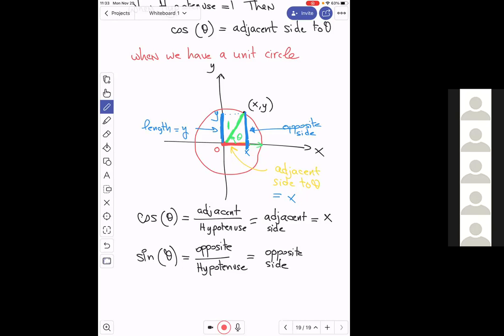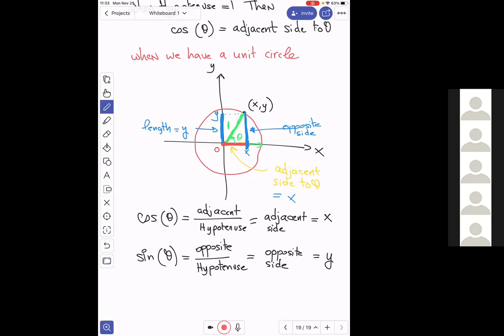So the length of the opposite side is equal to y. So what I'm saying here, guys, is that if you have a unit circle where the hypotenuse is 1, you can think of cosine as x and sine as y, right?